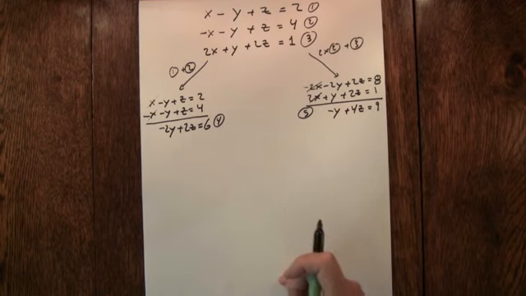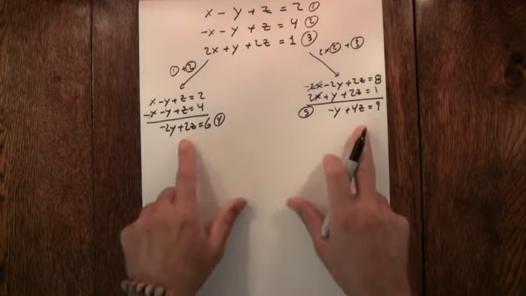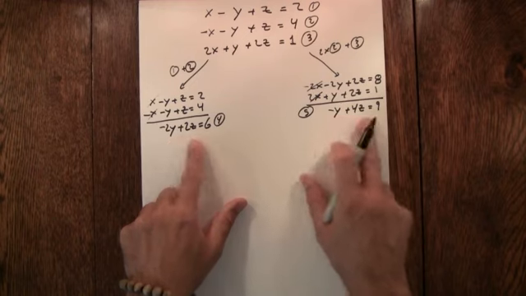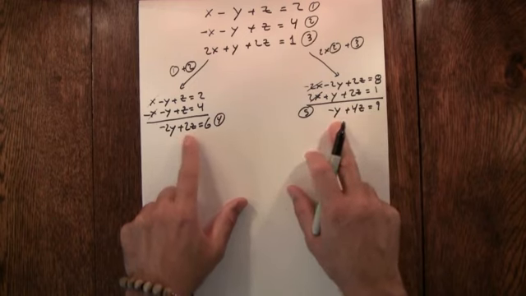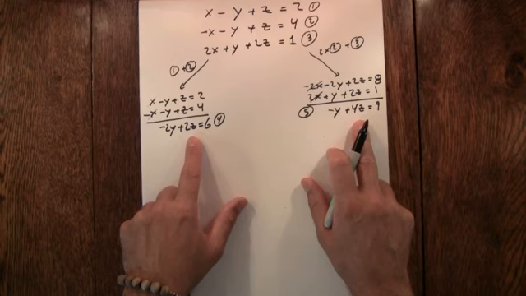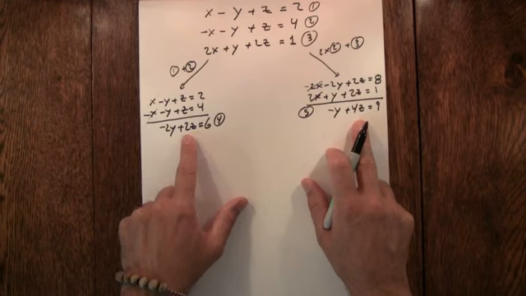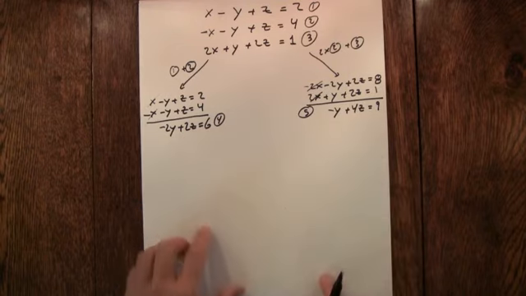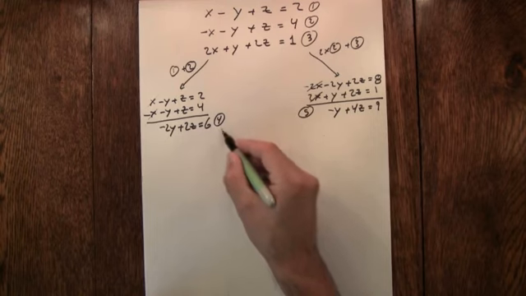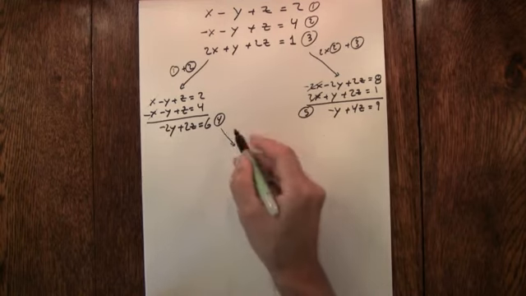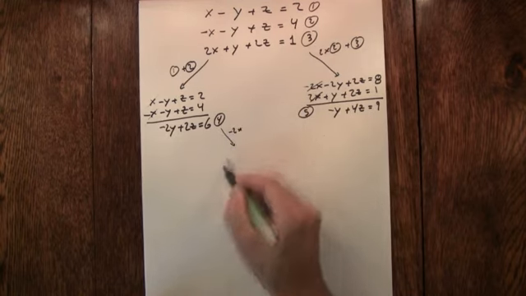Okay. So that's the pattern that emerges. So what I have to do is make a decision of what variable I'm going to get rid of, right? For me, I'm going to get rid of the z. For me to get rid of the z here, I need this guy to be negative 4z, because when I add them together, the negative 4z plus 4z will eliminate each other, right? So I'm going to multiply equation 4 by negative 2. Okay.